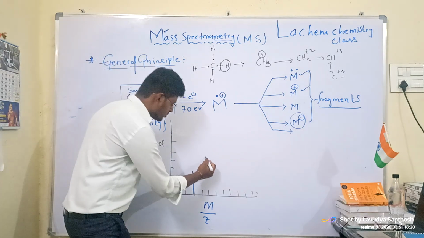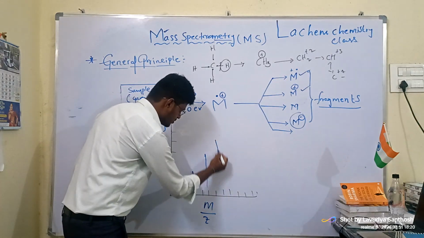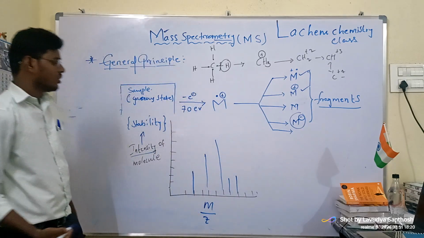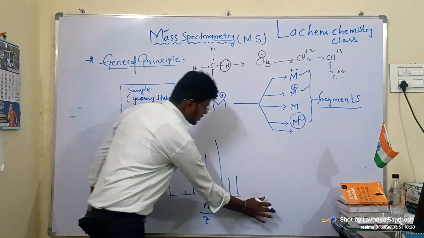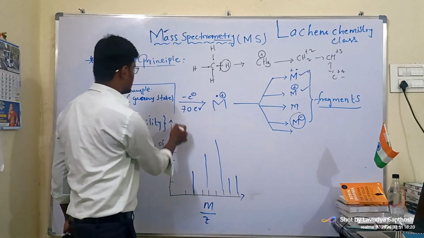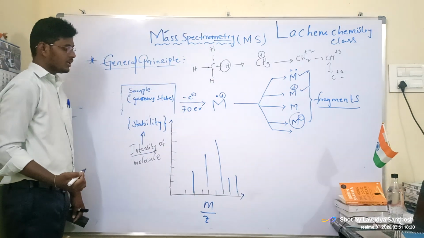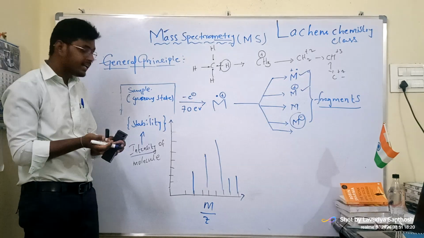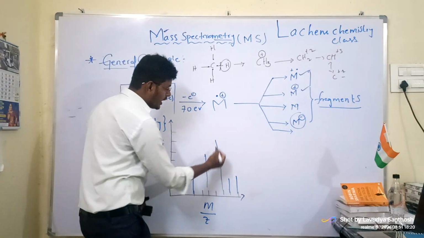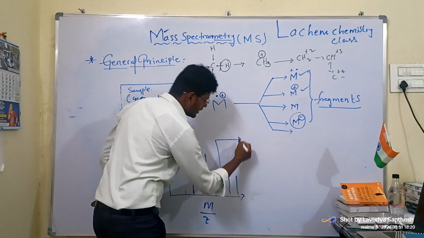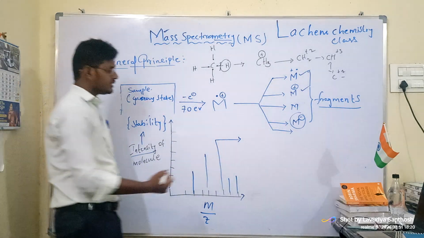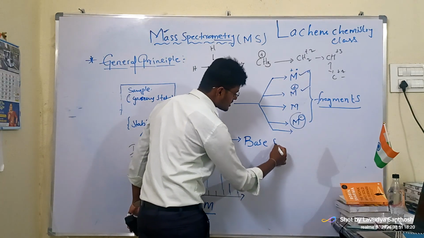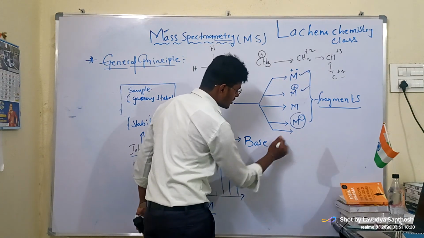Now the graph can be this way. If the height of the peak is greater, this peak we say is the base peak.